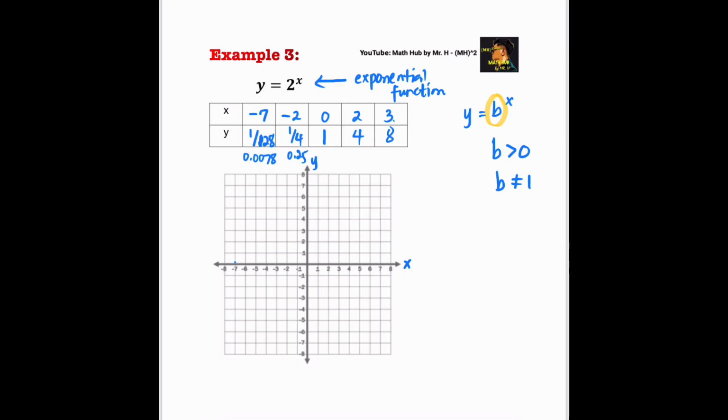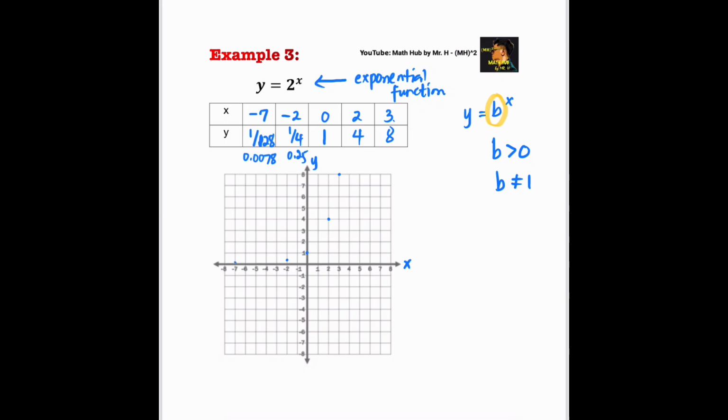The second point will be -2, 0.25. -2 is here, 0.25, say it's here, so a little higher. If x is 0, then y is 1, so there you go. If x is 2, then y is 4, so here. If x is 3, then y is 8, so it's here.